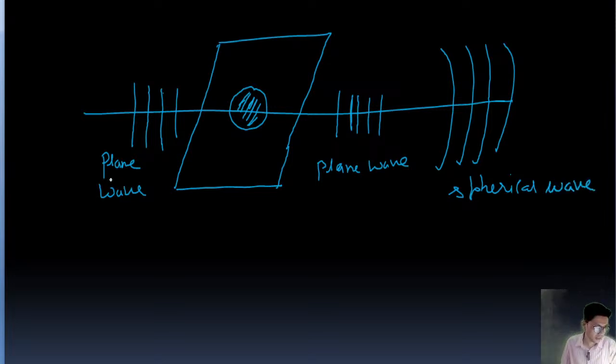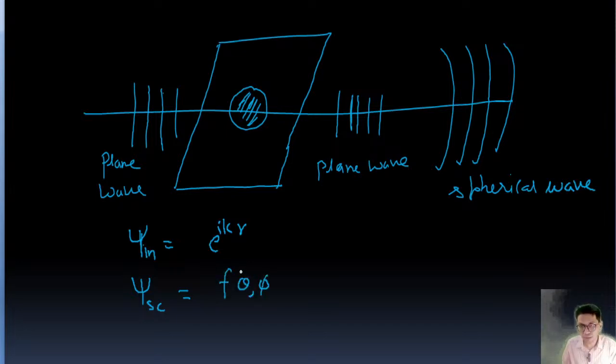So here we can write psi in, that is the incident wave function, that is e to the power i k r. And psi scattered, psi sc, that is the scattered wave function, that value is a function f, which is a function of theta and phi, e to the power i k r upon r.